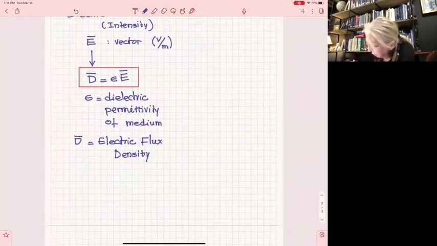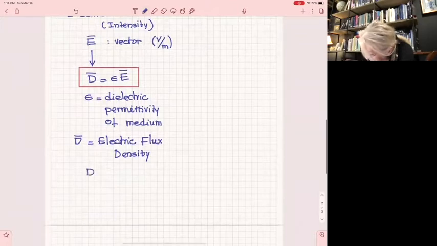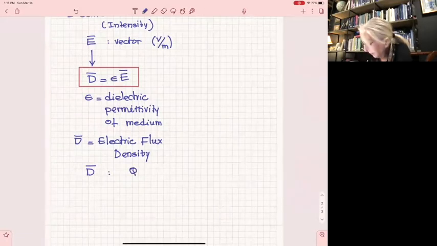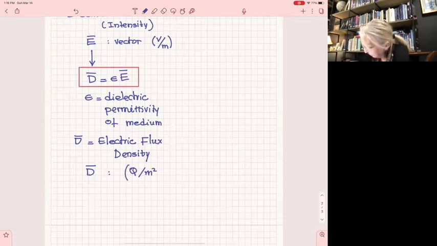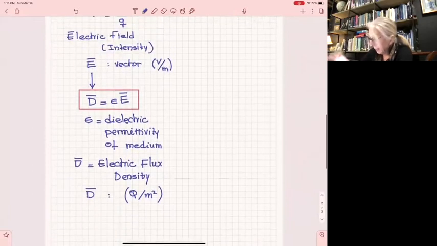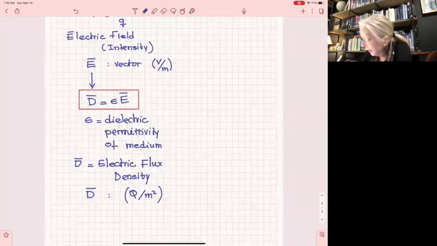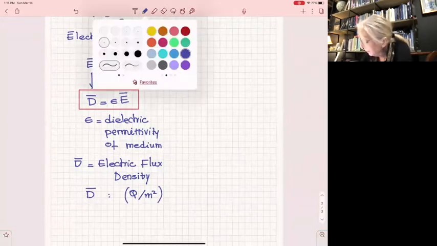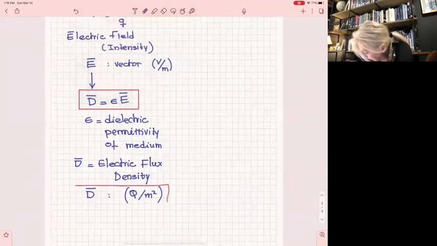The units for D are coulombs per meter square, in fact. All right, these are the units. So let's do the parallel, and then I will come back to how we utilize these quantities. So let me also put this one here.